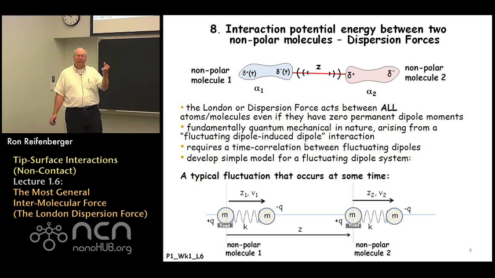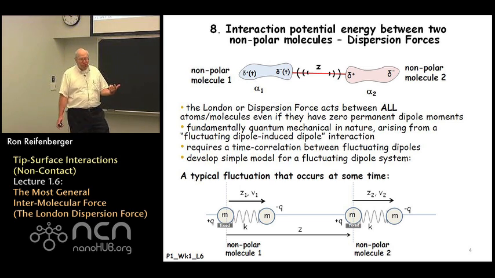So there's an instantaneous dipole moment, and it can polarize another nearby molecule, as shown, and a net attractive interaction can occur, which would lead to a net interaction force between these two nonpolar atoms or molecules.